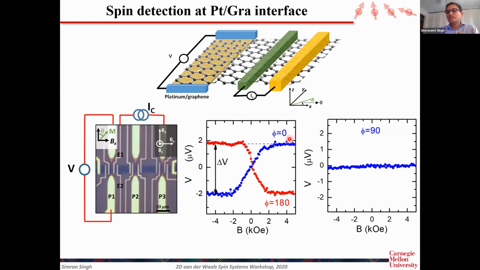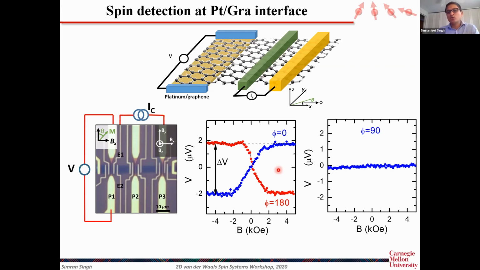But then I can pick some other angle, say if I apply the field along zero direction or 180 direction, which is transverse to this y direction where you're doing detection, and then I see a nice signal increase, and then it saturates, because it depends on what kind of spin polarization you are sending through this ferromagnetic electrode.